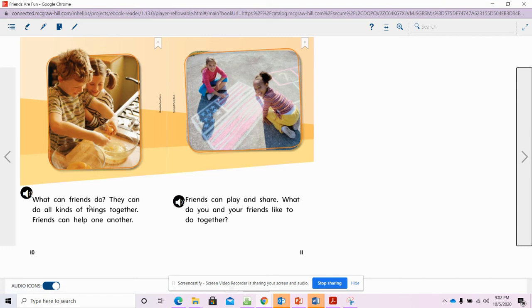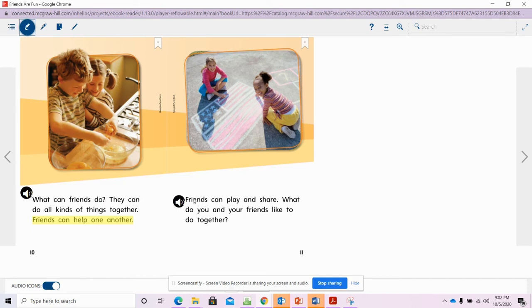What can friends do? They can do all kinds of things together. Friends can help one another. Friends can play and share. What do you and your friends like to do together? What are some things that friends can do together? They can do all kinds of things together. Friends can help one another.